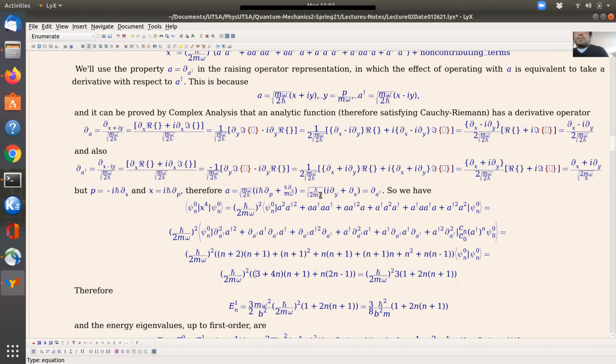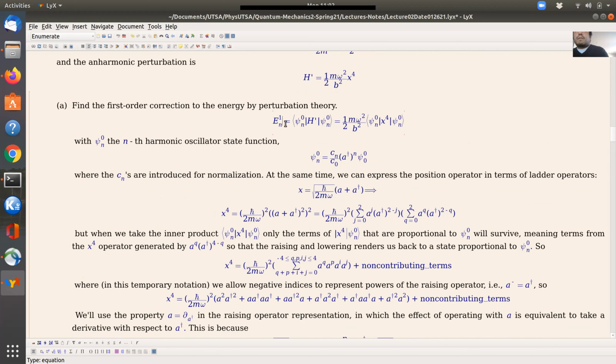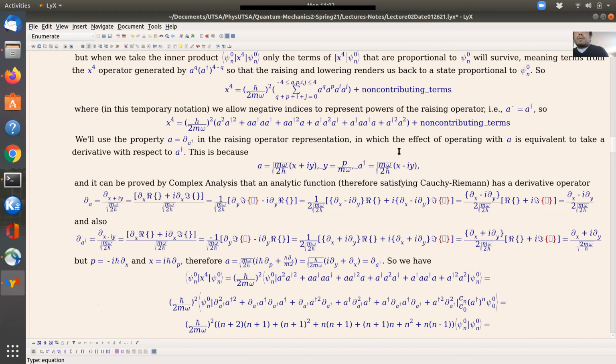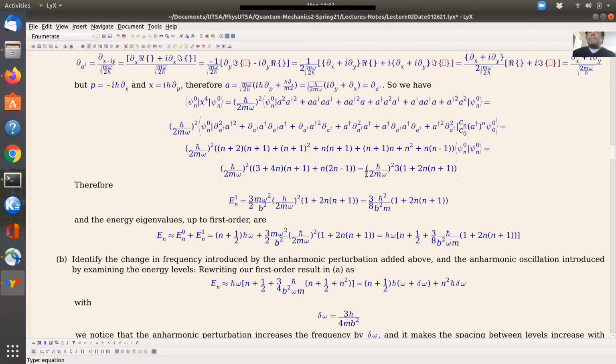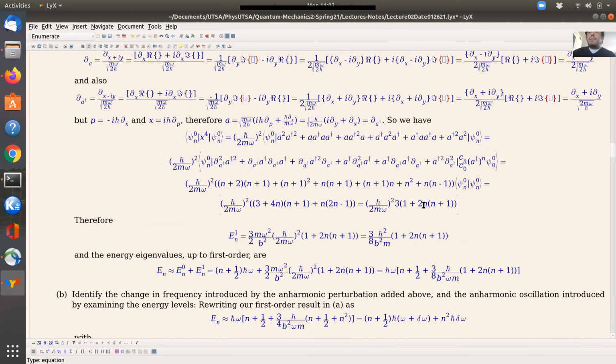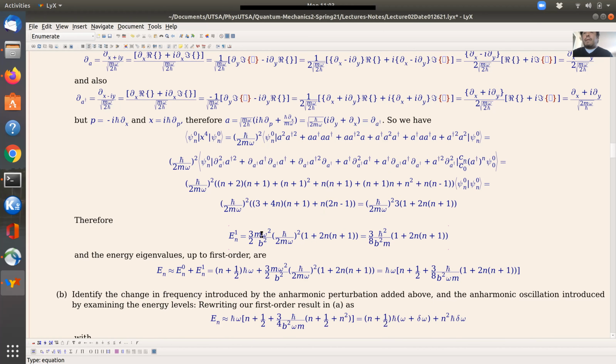And let's go back to where we were, right? Okay, so what we wanted to get was the first order energy correction, which is the multiplication of this factor with this term. This is the term that we just got. So we just need to multiply this expression by the factor m omega squared divided by 2b squared, which is what we have here.